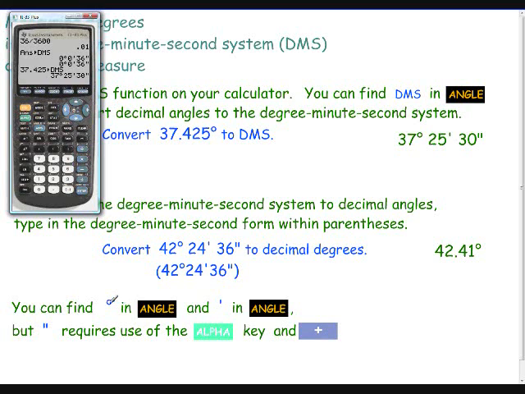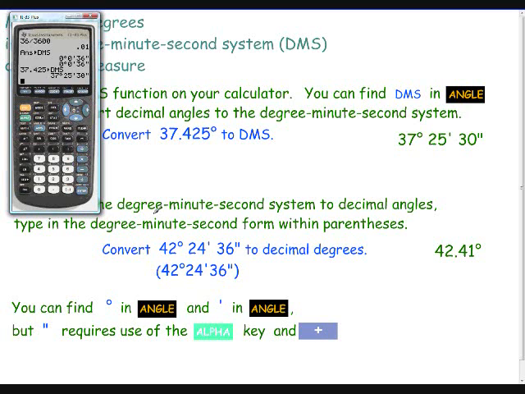We find degree in angle and minutes in angle, but to get to the double quote, we have to use the alpha key and the plus key. Here's our alpha key, this turquoise one. Plus key, of course, we know. And you see over here in blue?